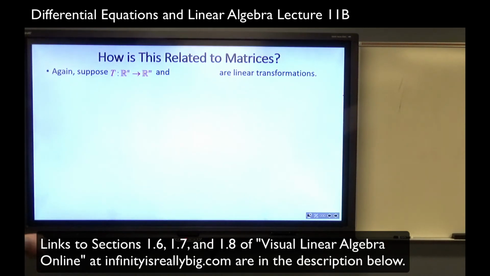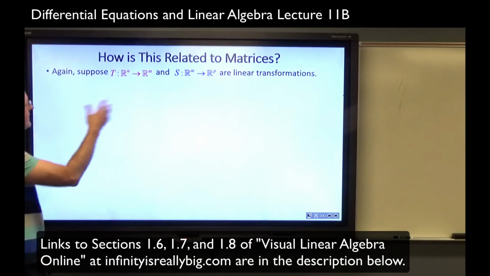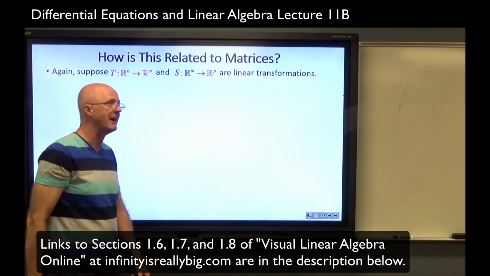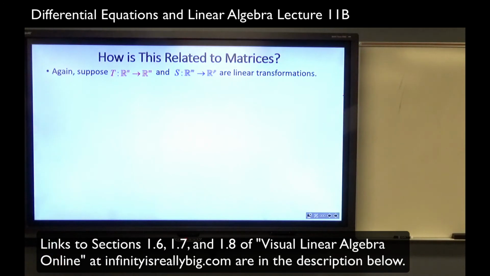Again, suppose T goes from Rn to Rm and S goes from Rm to Rp. By the way, I'm not saying which of these numbers are bigger or smaller. N, M, and P are arbitrary positive integers, 1, 2, 3, 4, 5, 6, etc. So we're talking in general here, in the abstract.